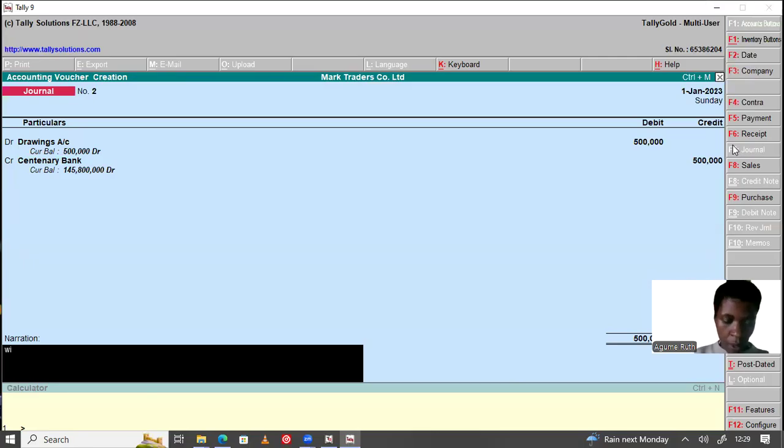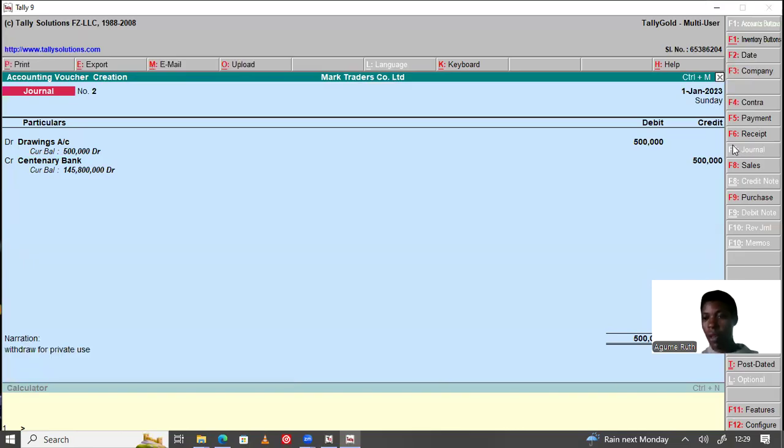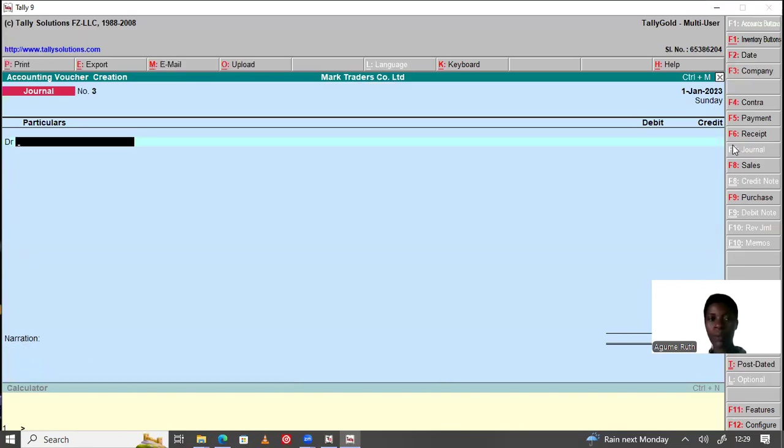It is a withdraw for private use. I accept. Then another transaction is bought a computer for office use.